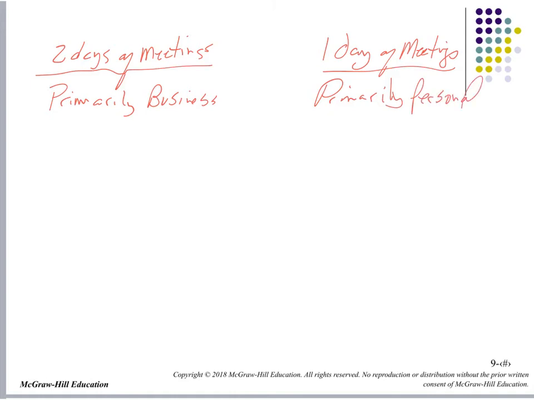Okay, so let's look at two situations. 2 days of meetings: primarily business. 1 day of meetings: primarily personal.